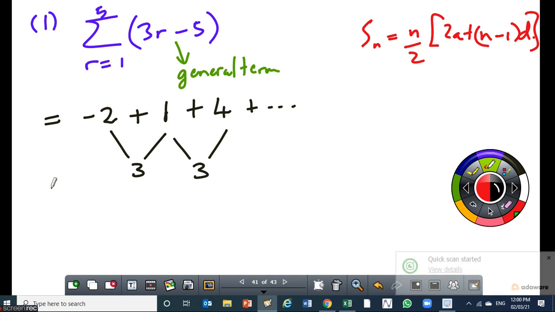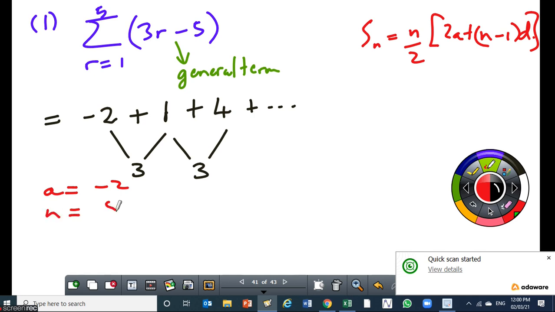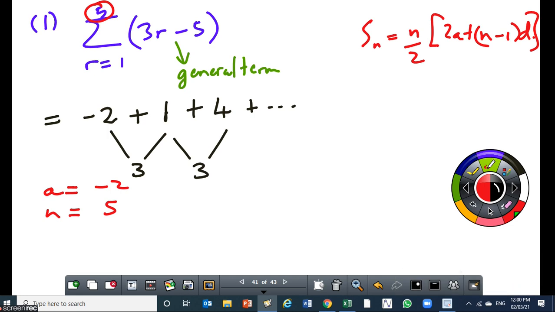So I now know from here that my first term is negative 2. The number of terms is 5. If you are starting from r equal to 1 up to 5, it means you've got 5 terms in the series, or 5 terms in the arithmetic sequence.